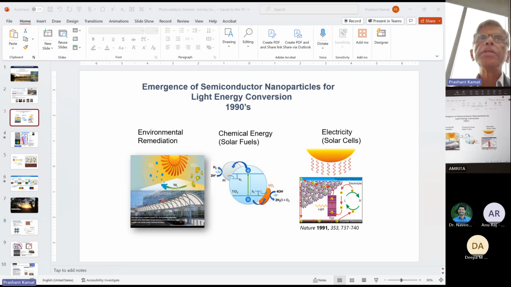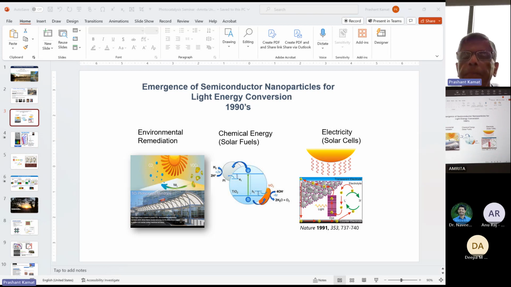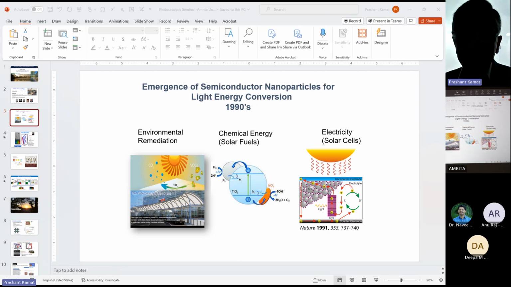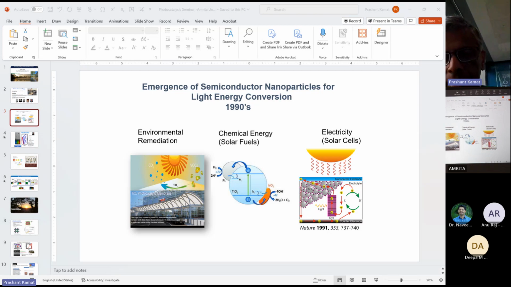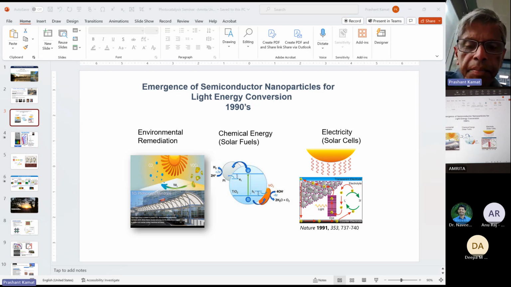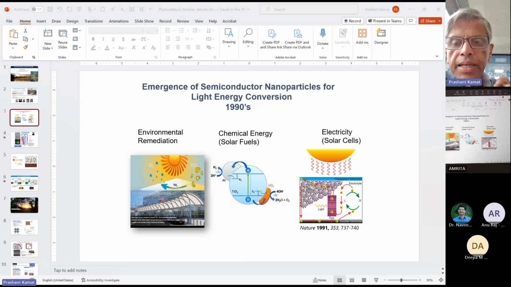Yes, the reason is the conduction band is dictated by the lead. Because lead is common, the conduction band remains the same, whereas the valence band is dictated by the halide ions.